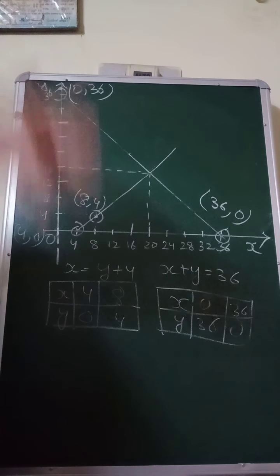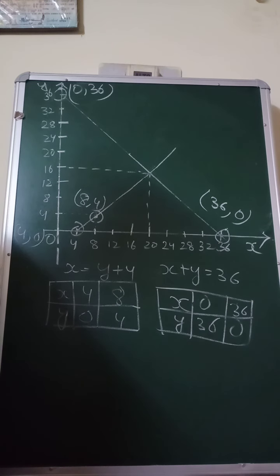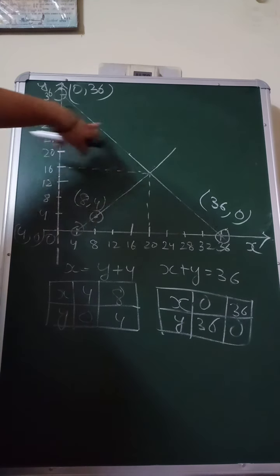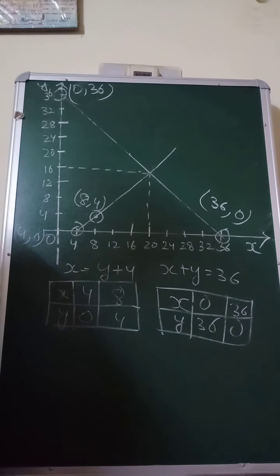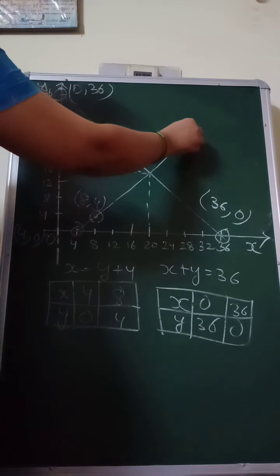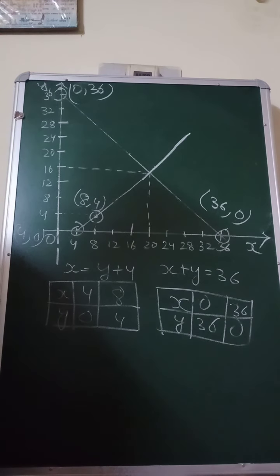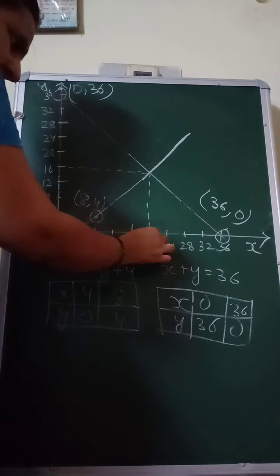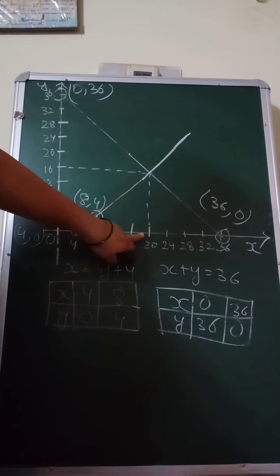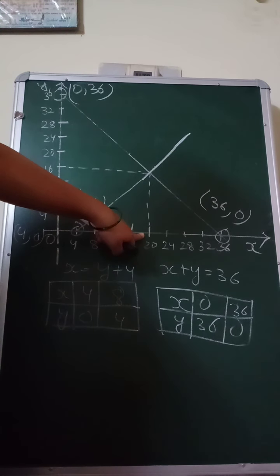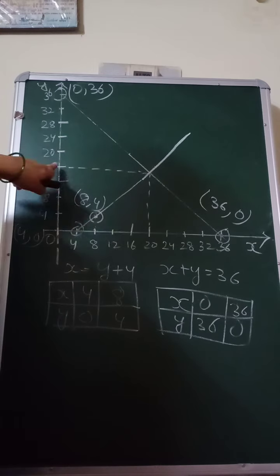The dimensions of the garden will be the intersecting point of these two lines. As you can see, these two lines intersect each other at a point. When I plot this on the axes, this is 20 and this is 16.